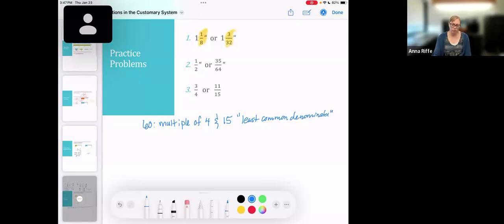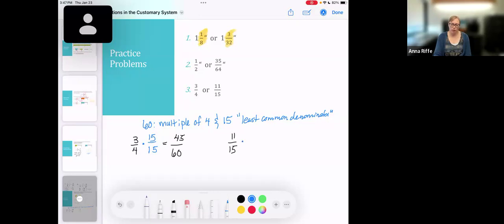There we go. So I have 3/4, and I want to multiply this fraction, top and bottom, by a factor that will give me 60 in the denominator. 3 times 15 is 45. 4 times 15 is 60. That's the first fraction. Second, 11 over 15.